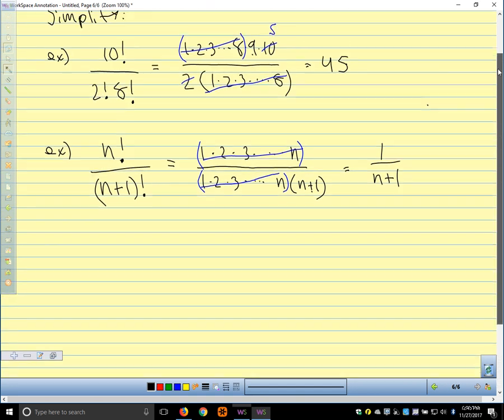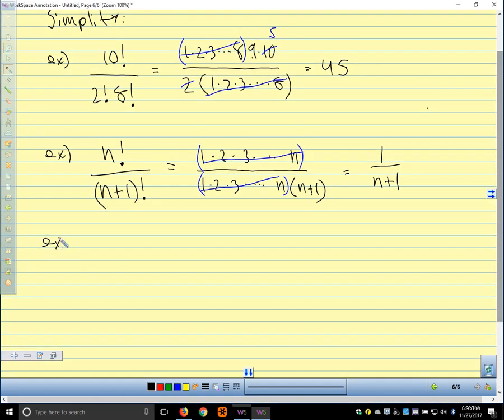And let's make it one step more interesting. n plus 1 factorial over n minus 1 factorial. We can do the same thing. Just write it out. 1 times 2 times 3 dot dot dot. And I'm going to write this in a convenient way.